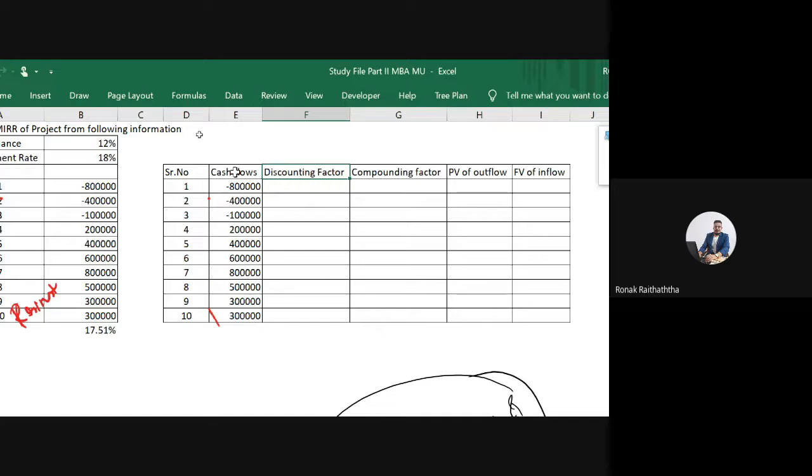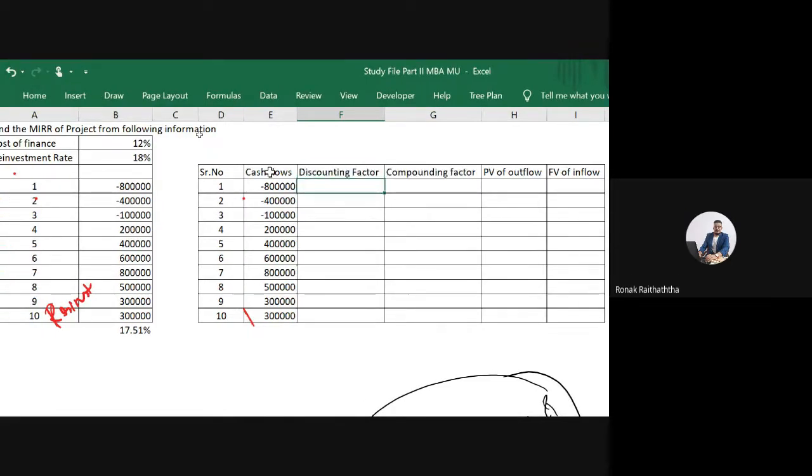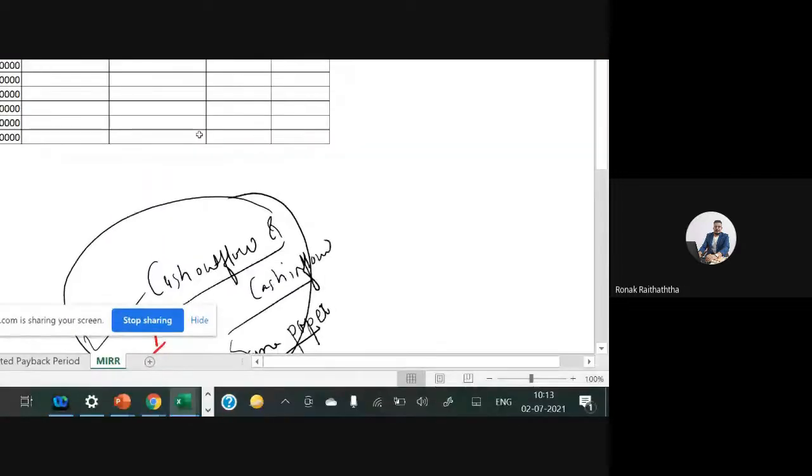Now MIRR assumes one more thing, that cash flows are occurring at the beginning of the period. So if the cash inflows and outflows both are occurring at the beginning of the period, then the discounting factor you take for the first year will be 1, right? Because anyway, it's the present value only.